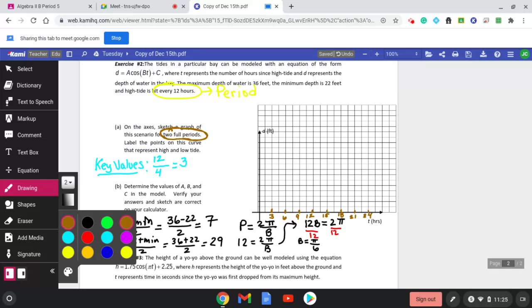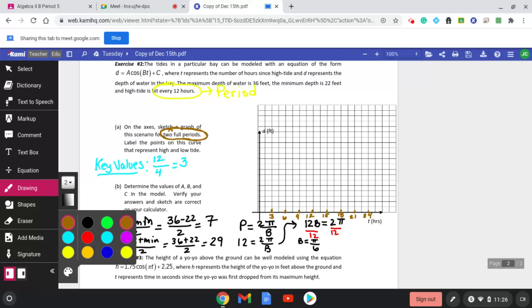On the y-axis, you should have 3 values on the y-axis, at least 3 on the y. What are those 3 values on the y-axis that I need here? Let's hear from Sophia. Go ahead. What are the 3 values I should always have on the y-axis? The maximum, minimum, and midline. Got it. Max, min, and midline.